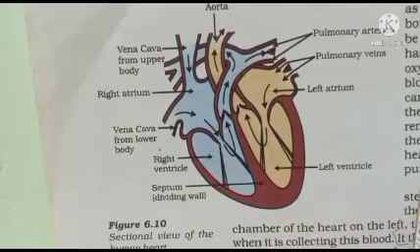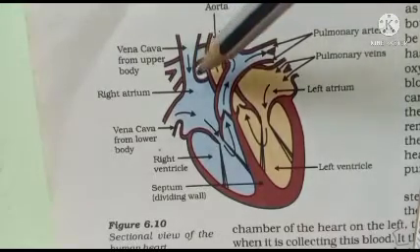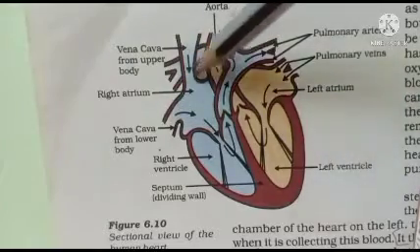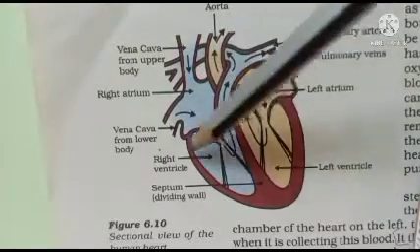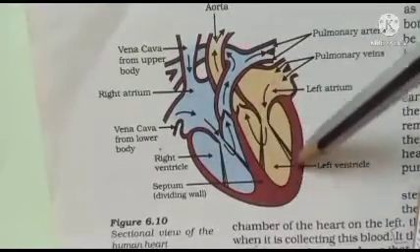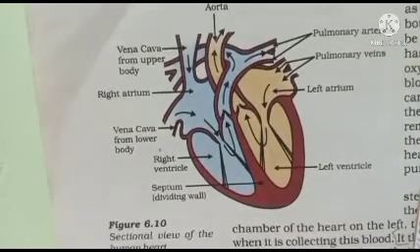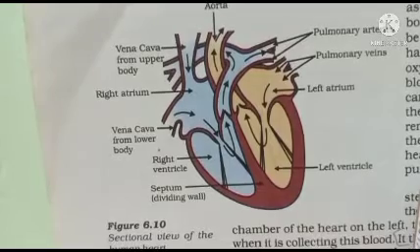Now, when we look at the thickness of the wall of the atrium and the ventricle, the wall of the atrium is thin, but you see here the wall of the ventricle is very thick. And why is the wall of the ventricle very thick, and especially the left ventricle? It is because the ventricle has to pump the blood to the distant parts of our body.